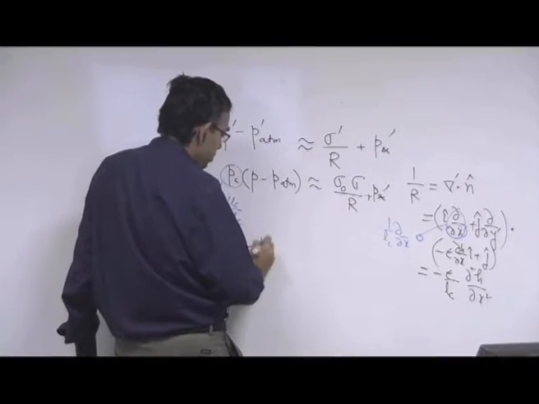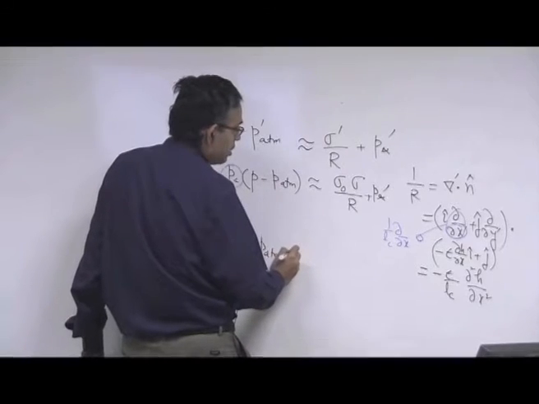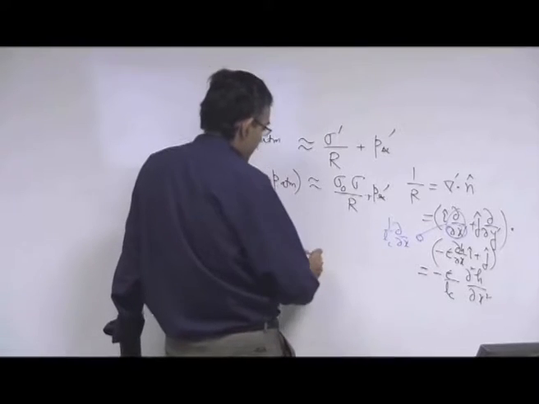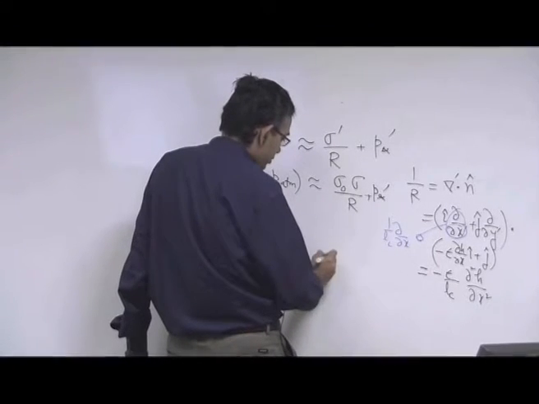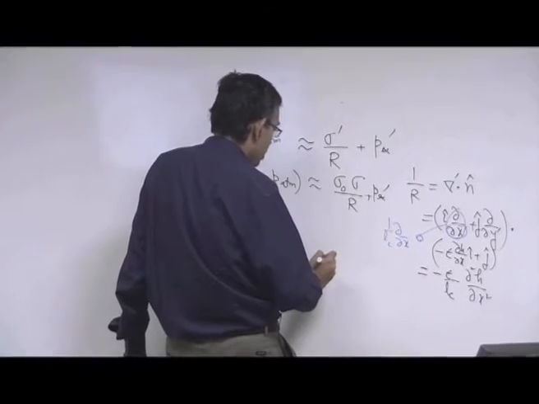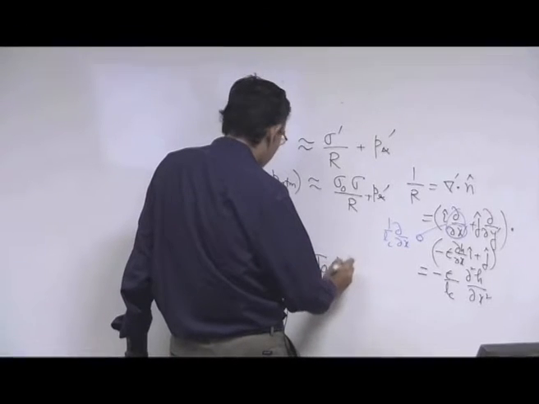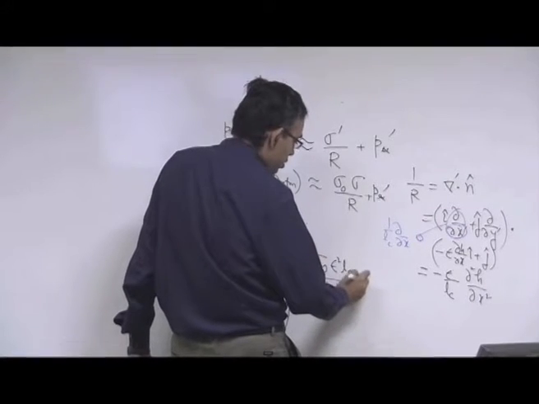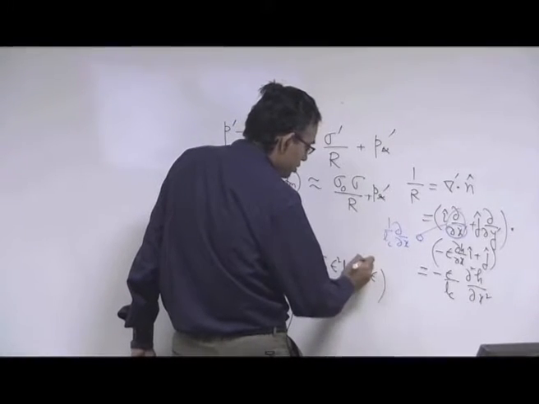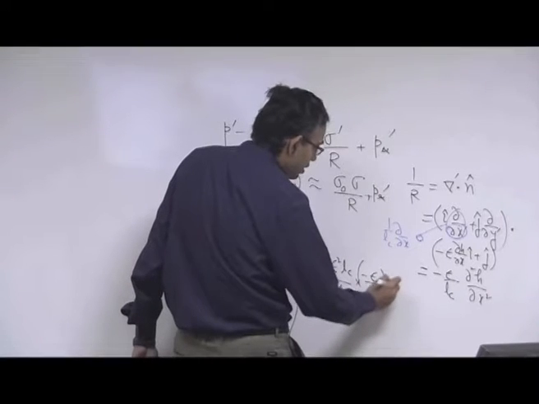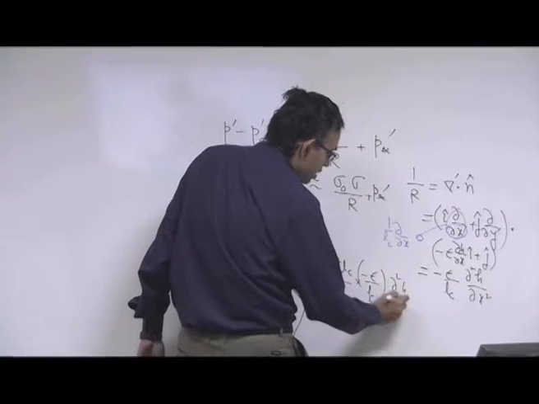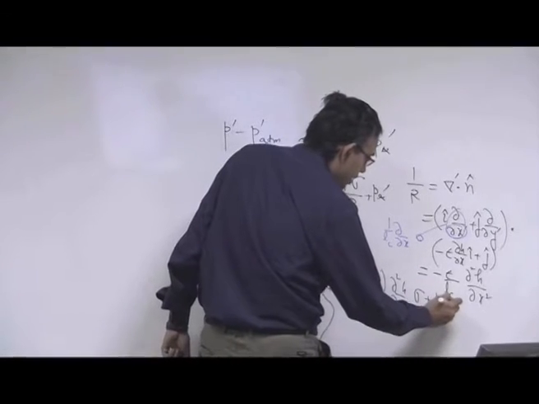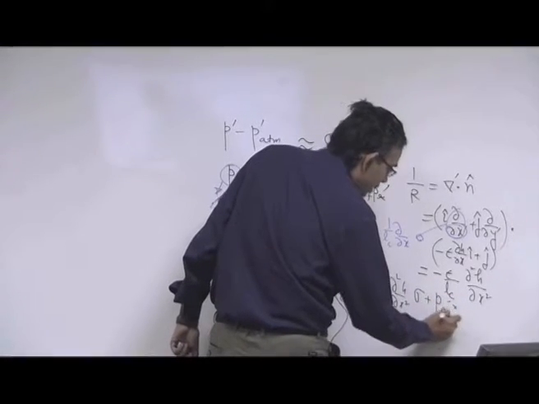So P minus P atmosphere is equal to sigma 0 epsilon square Lc by mu uc into minus epsilon by Lc del square h del x square sigma plus Px prime divided by Pc.